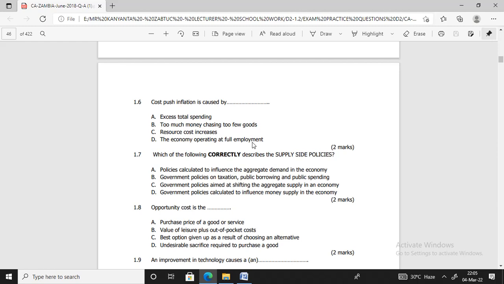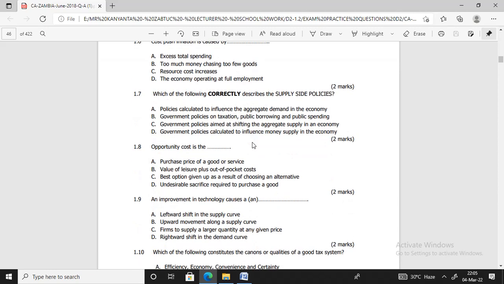So the way we describe opportunity cost is if you are choosing between mutually exclusive things, when you choose this one, you have to forgo some benefits in terms of what you could have chosen next if you were given an option to choose that. So the next best alternative. The correct option for 1.8 is option C.